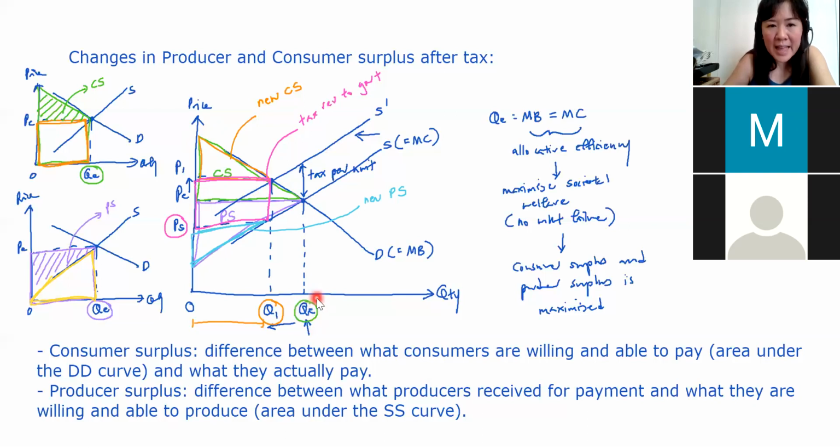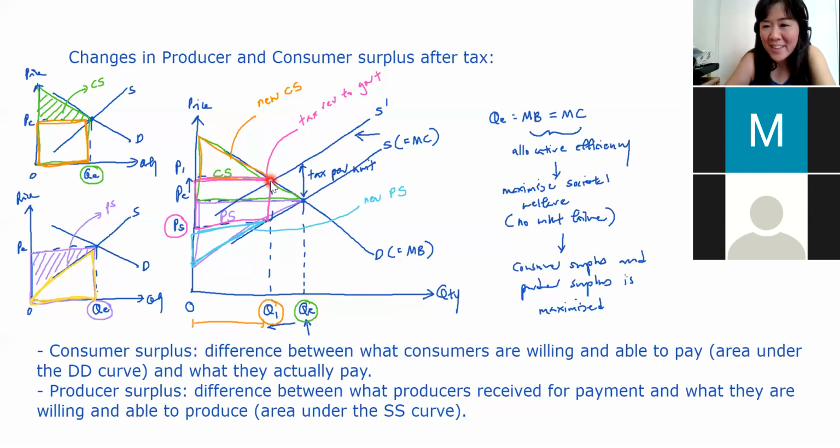But now, following the imposition of tax, it has the effect of reducing the quantity transacted from QE to Q1. So this has the effect of reducing the consumer surplus to this smaller triangle. In other words, consumers lost this trapezium area of consumer surplus.